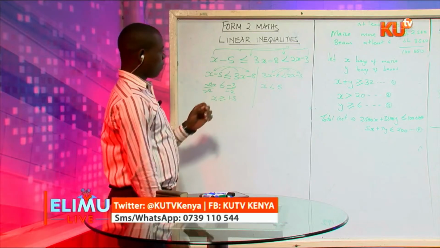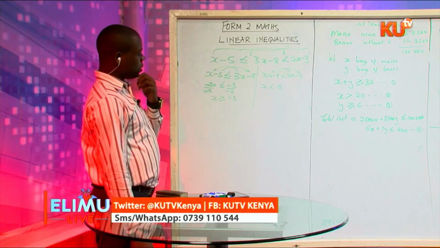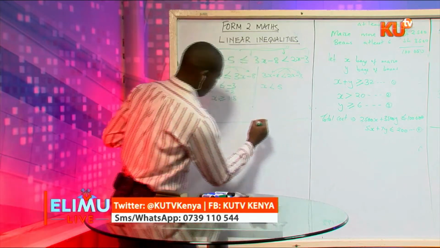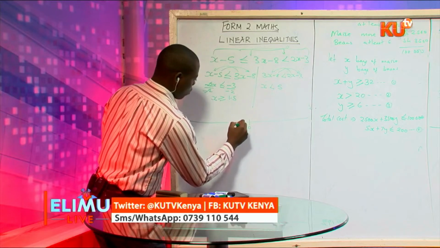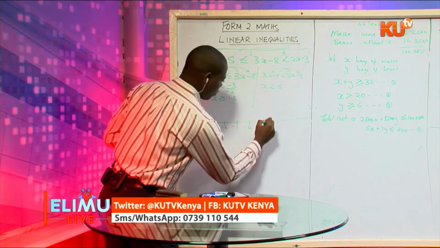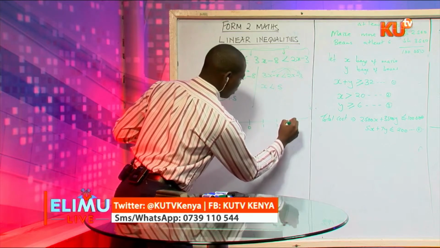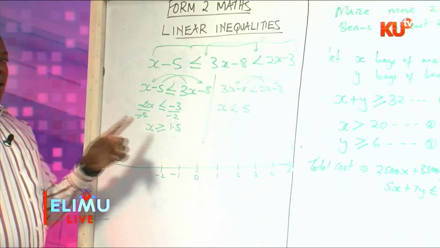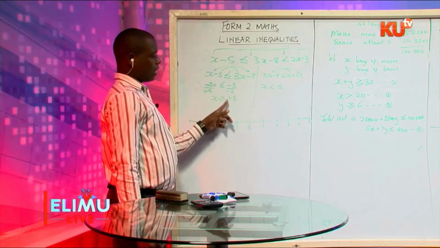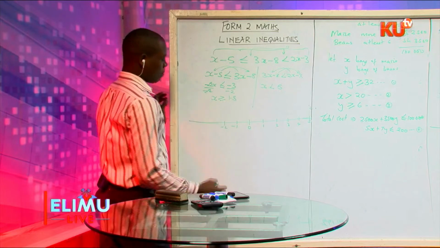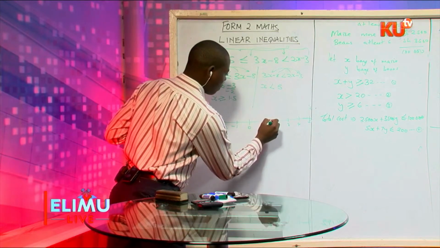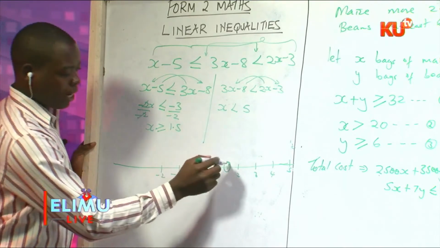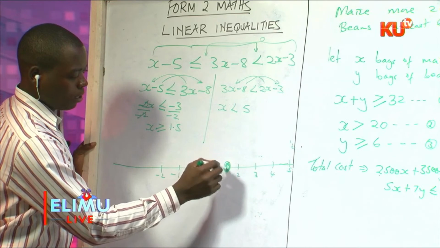So we are supposed to represent the solution on the number line. If we draw the number line, we will have 0, −1, −2. This is 1, 2, 3, 4, and 5. x is positive 1.5. 1.5 somewhere here, you mark, and because of the equal to, you shade. So we'll shade at this point.